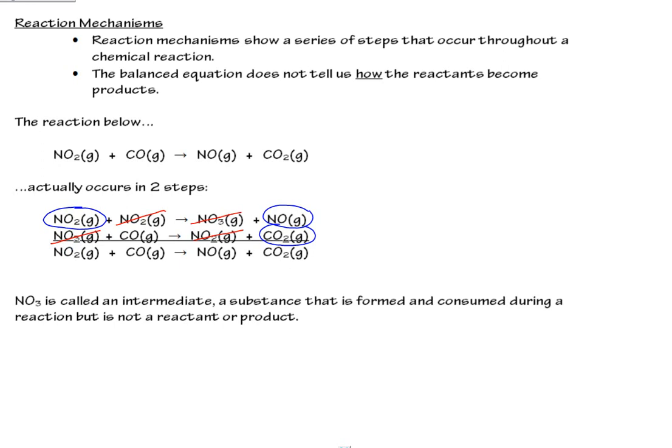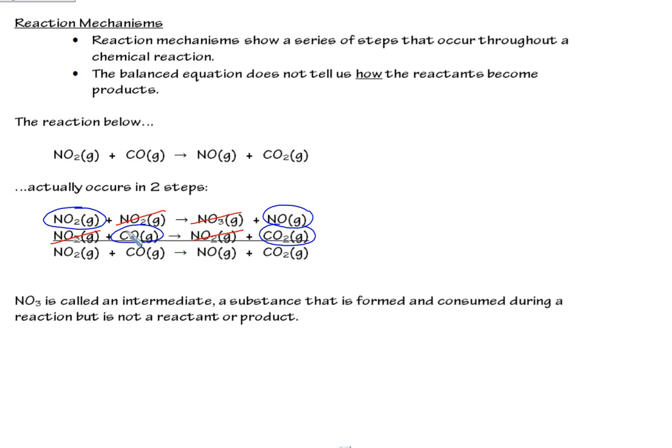The other reactant that I do want, that is right here, the carbon monoxide. So if you add these two intermediate steps, or elementary steps they're sometimes called, we can cancel like terms. Anything that shows on both sides of the equation, whether it's in the first step or the second step, and we should get the overall balanced equation.